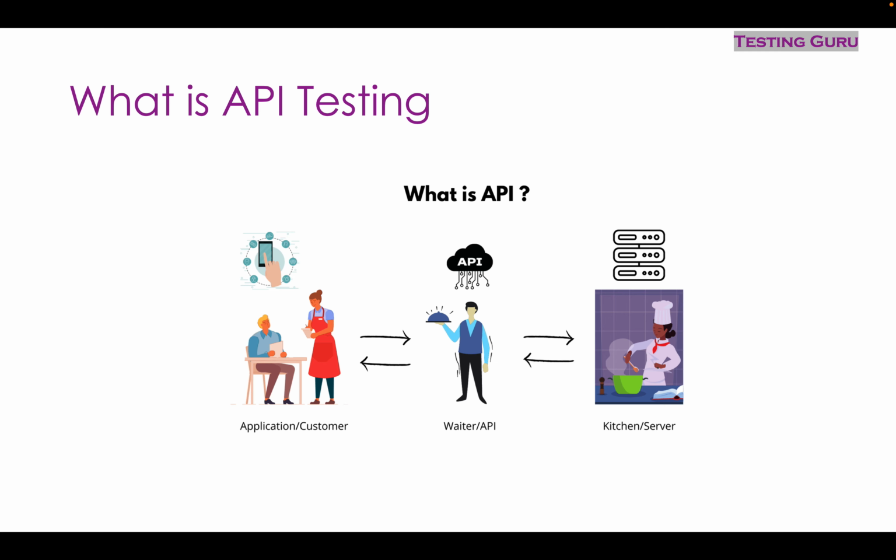What if the dish is not available? Well, the waiter knows beforehand that you made a wrong request, so he will tell you the dish is not available and you have to order another dish. Whatever is available and whatever is not available, the waiter will have all that information. So the waiter plays an important role here, exactly like the API.